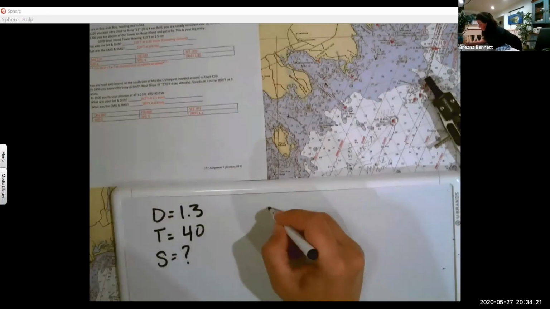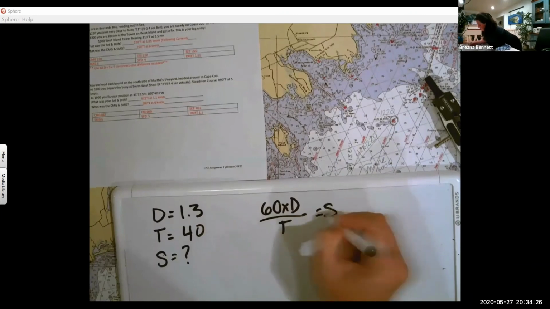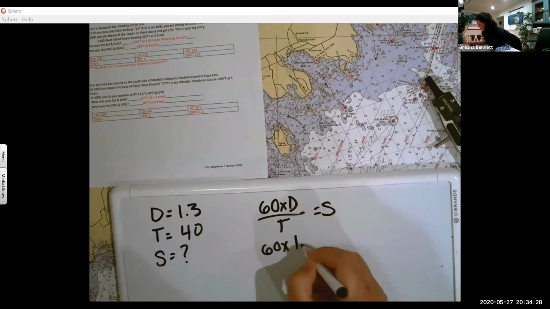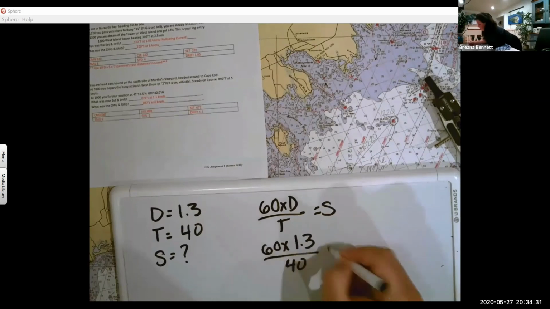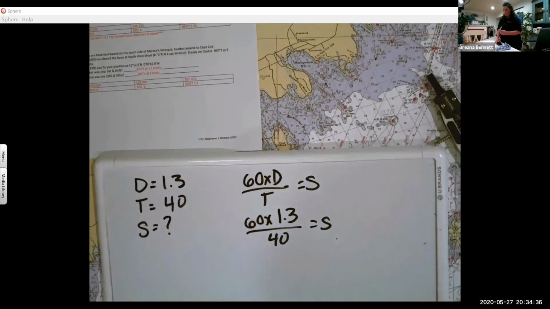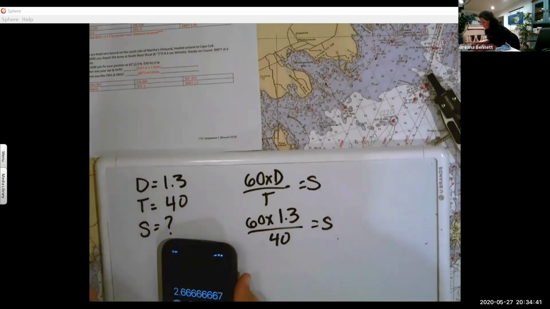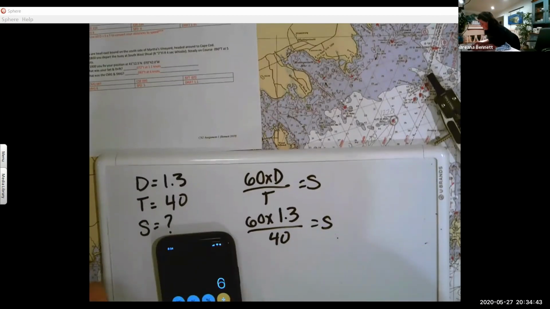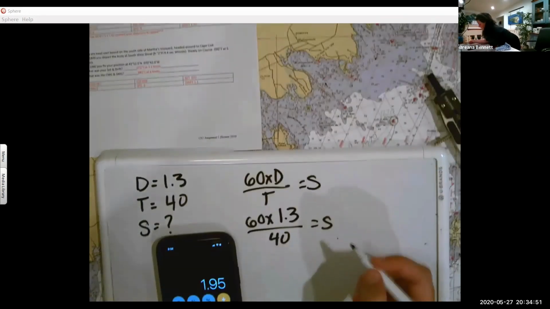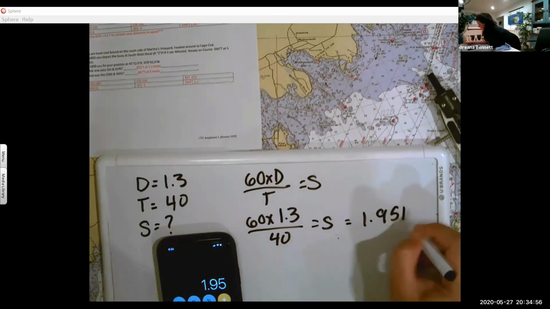So I go to my 60D straight. Gives me a drift of 1.95 knots.